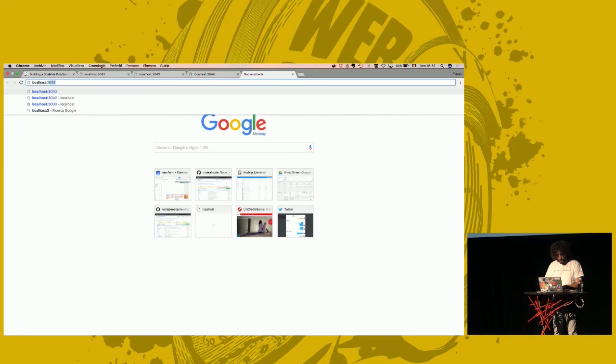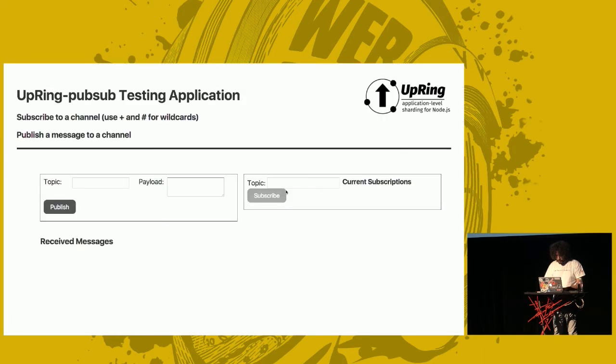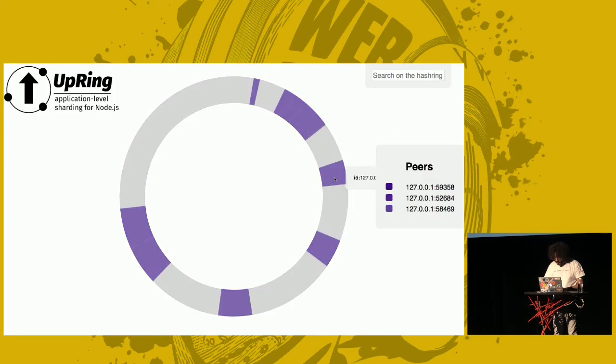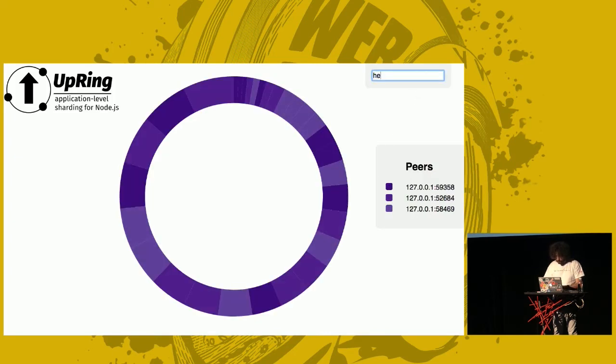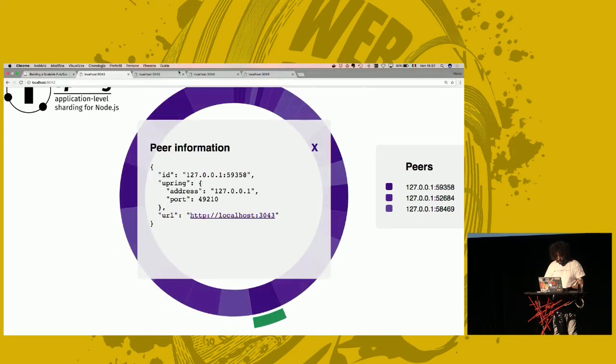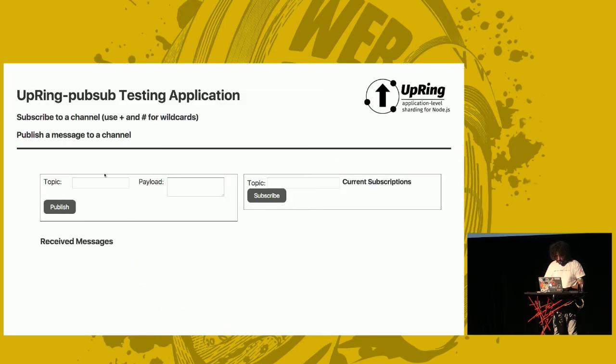Localhost 3043. So here we go. Hello. Hello. And the peer that's, yeah, let's press this. Yep, this guy. OK, 3043. So if we publish this, hello, you go.